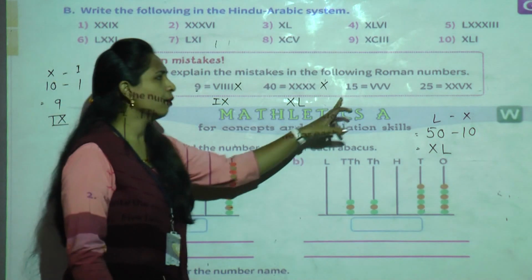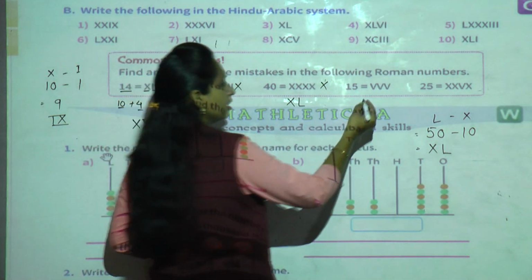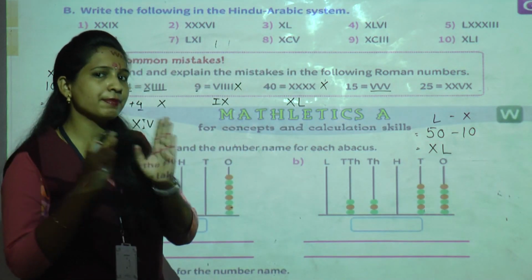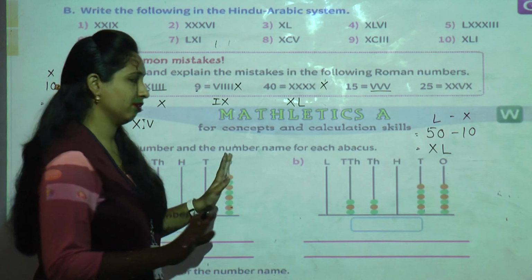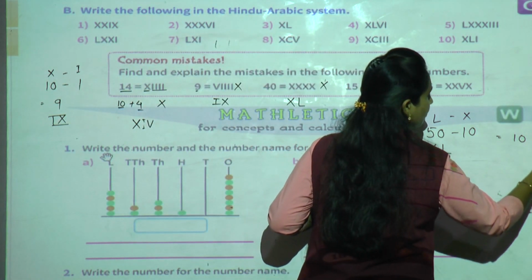Got it? Now what about 15? See the 15. How will you write it? How will you do the calculation? 15 expanded form is like 5 plus 5 plus 5? No, that is not correct. 15 expanded form is 10 plus 5.